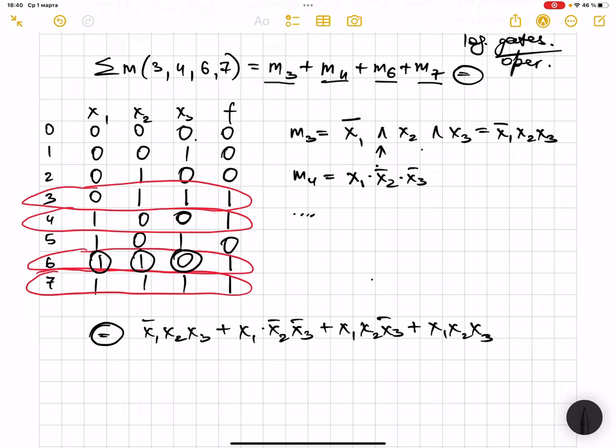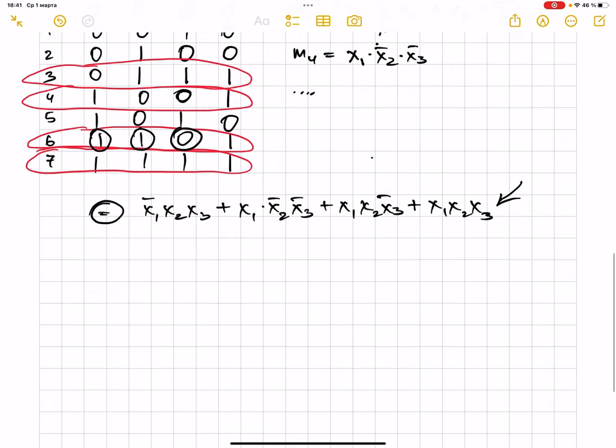So now the steps are very easy. You can, of course, implement this function just leaving it in the SOP format, but our objective is to simplify this function to make our life easier, okay? So let's start simplifying. What we do is find the common behavior.